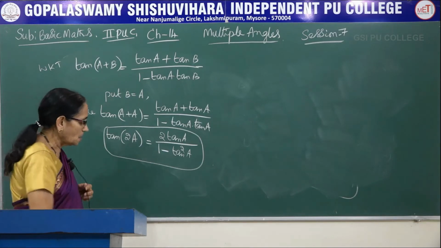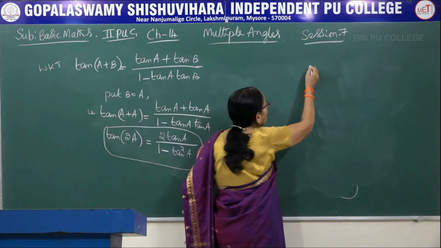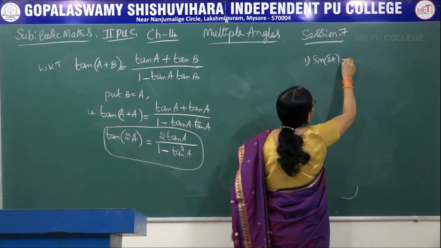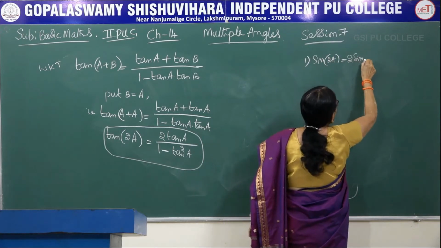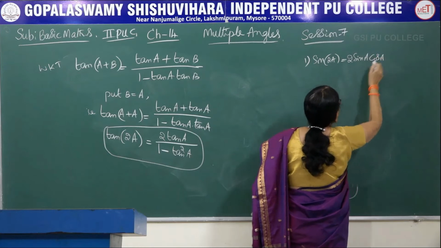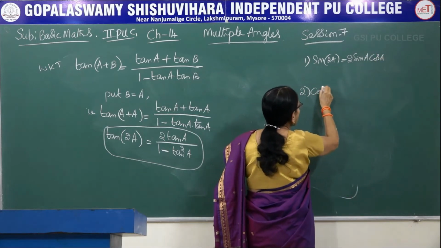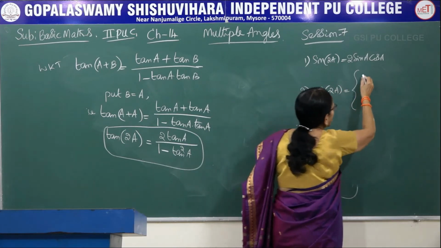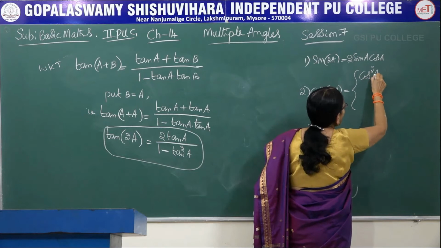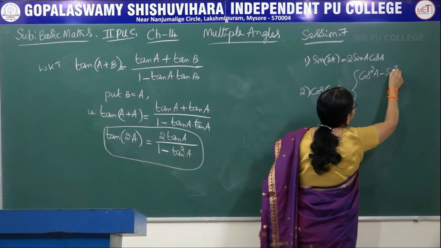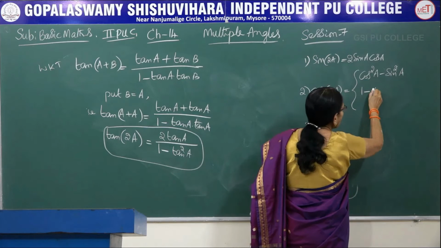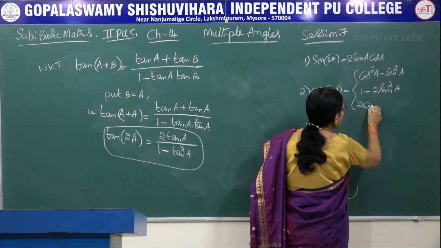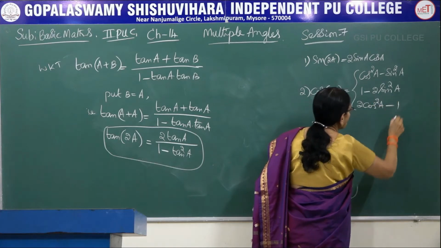Let me write the formulas which you have already derived. First one was sin of 2a, which is 2 times sin a into cos a. Now the second one, cos of 2a. Let me write it like this because it has three different formulas: cos square a minus sin square a, or 1 minus 2 sin square a, or 2 cos square a minus 1.